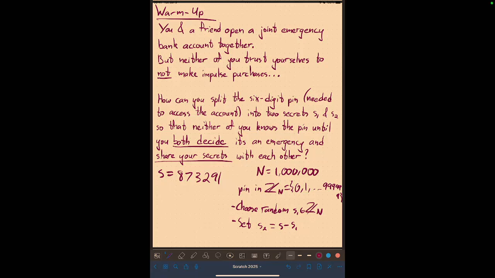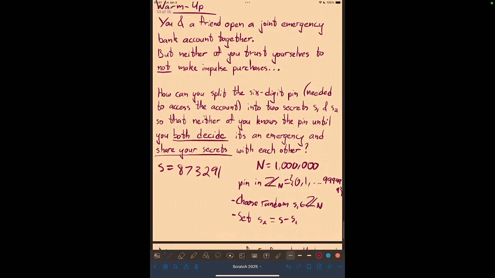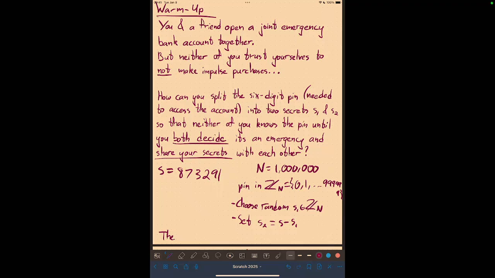We have 2 numbers, and for correctness, S1 plus S2 is S1 plus S minus S1, and that's going to be congruent to S mod n. And that should be mod n as well. Now this is something that reveals no information. If you choose a random number S1, you don't know what the other person's number is.